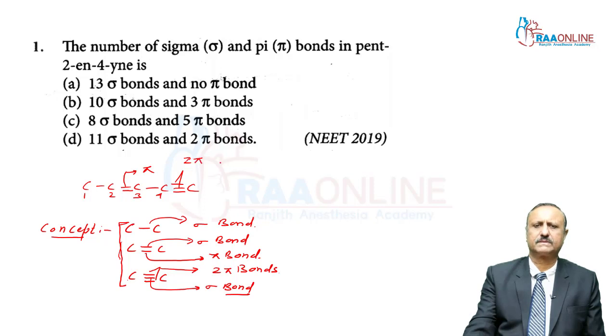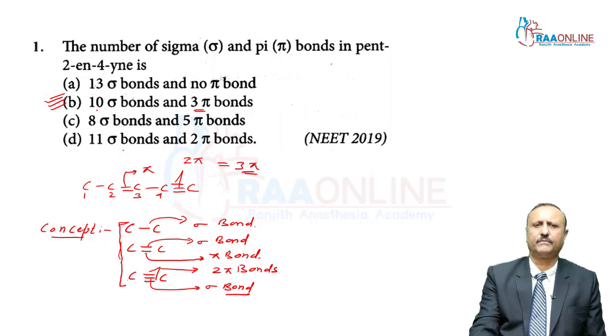So, the total pi bonds equal 3 pi bonds, and you can see in these options only one option gives 3 pi bonds, the others are no pi, 5 pi and 2 pi. So, my dear students, this is a very easy question and the answer is B, because you get 3 pi bonds.